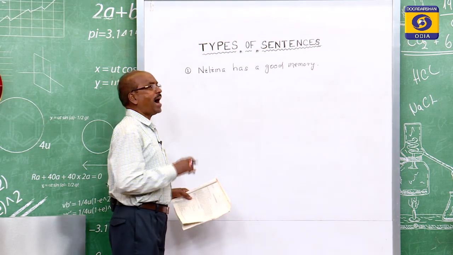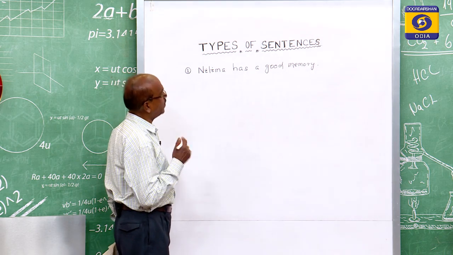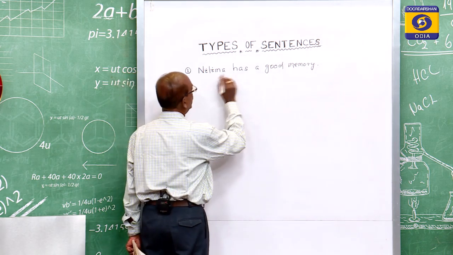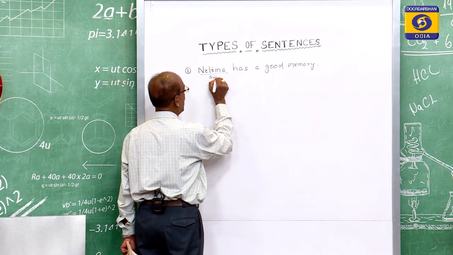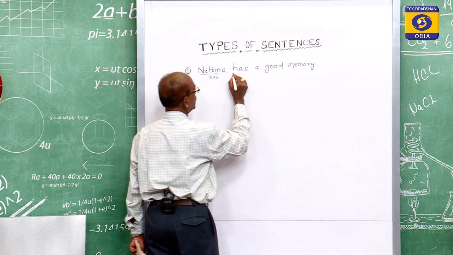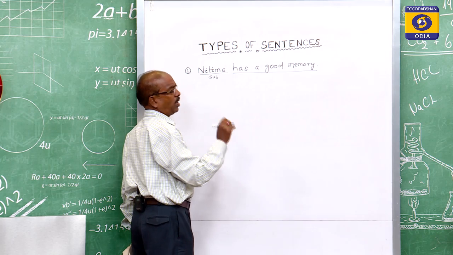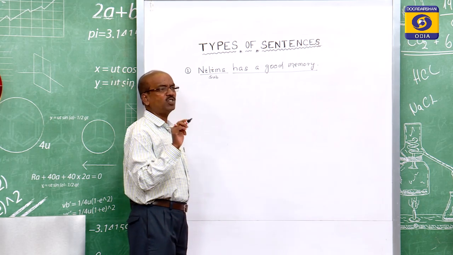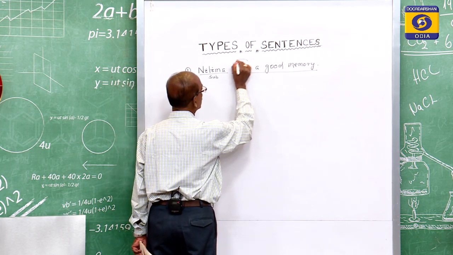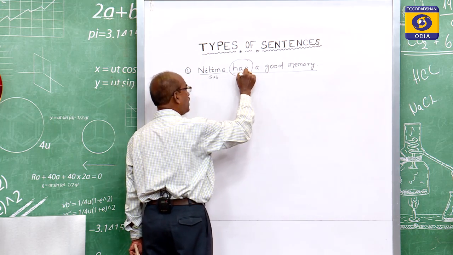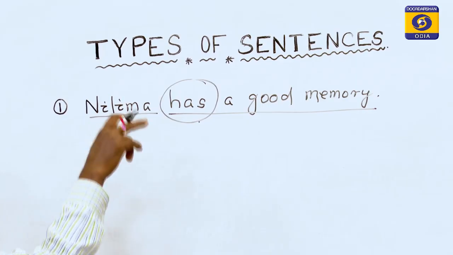We have to identify or select which one is the finite verb. Here you see, Nilima is the subject, and this part of the sentence is called the predicate, and there is only one verb. In the predicate part, the verb is the most important one. So which one is the verb? Has. So "has" is the verb, and it tells us the tense of the sentence.